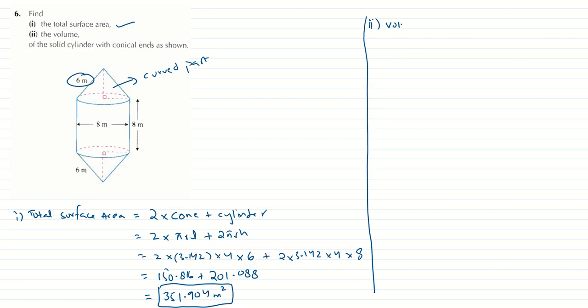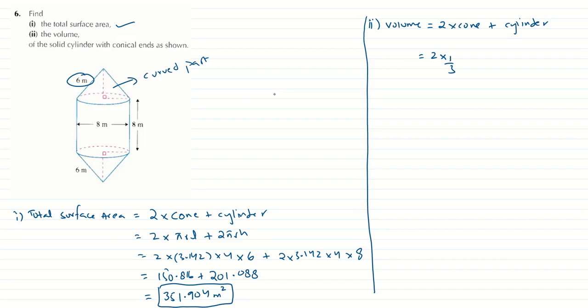So the volume will be calculated by adding both 2 times the volume of cone plus the volume of cylinder. So volume of cone will be 1 upon 3 pi r square h.